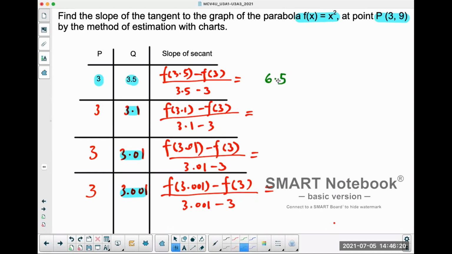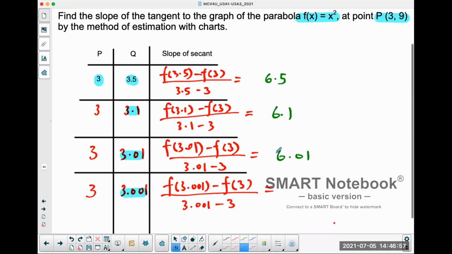That's an estimation of the slope. Now we're going to move a little closer. 3.1 squared minus 3 squared divided by 3.1 minus 3. So that's 0.1. And now I'm getting 6.1. I'm going to bring it even closer, 3.01. So 3.01 squared minus 3 squared divided by 0.01, and I'm getting 6.01.